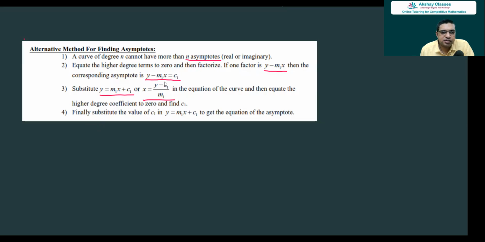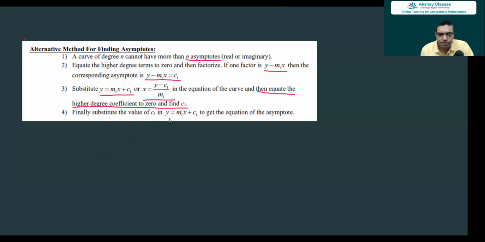So what happens is the highest degree term becomes 0, and the next highest degree term we have to take. Then that coefficient we should equate to 0. When we equate that coefficient to 0, we will find c1. And once we find c1, we get the asymptote y minus m1x is equal to c1. So that will be the asymptote.